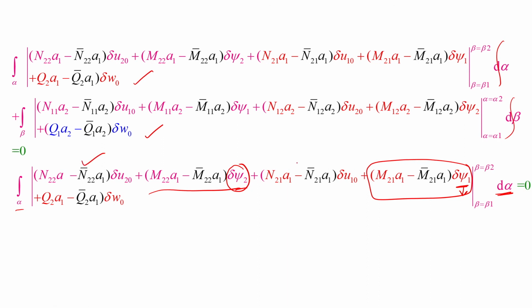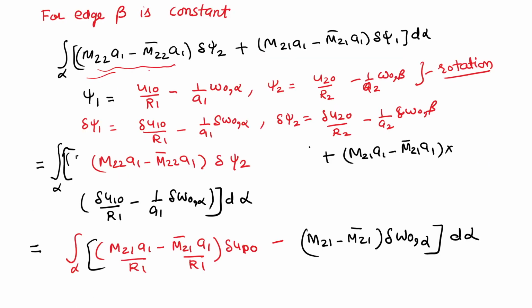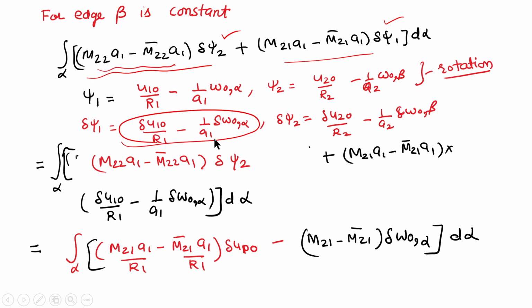This is fine, this is fine, this is fine. So, this term needs to be modified. It is basically rotation. When we are talking about the second direction, the rotation will be about that axis. We do not need this one, it is fine. If we substitute the value of del psi 1, del psi 1 is this one. So, we put del u r 0 1 by a, del w comma alpha.